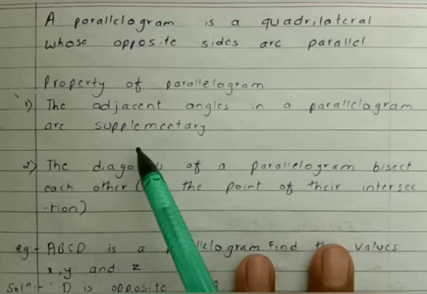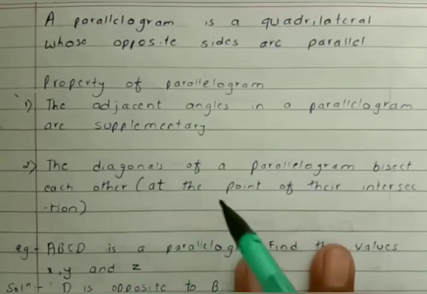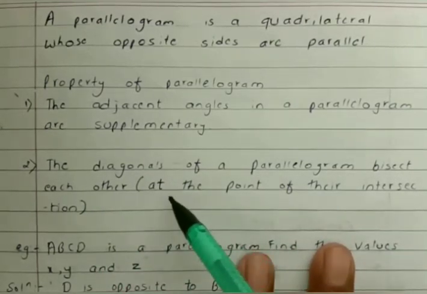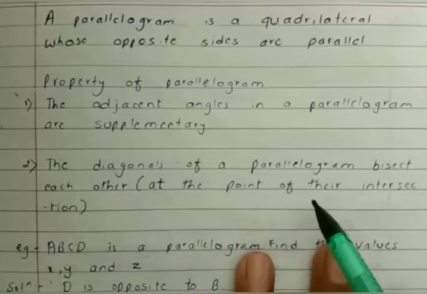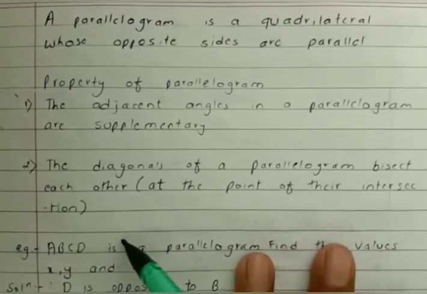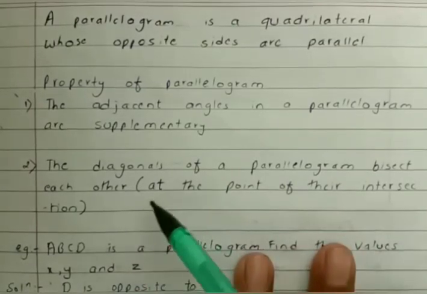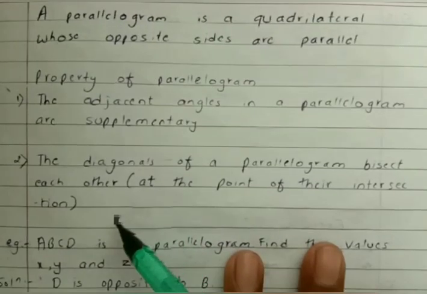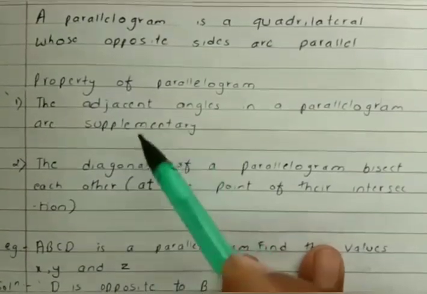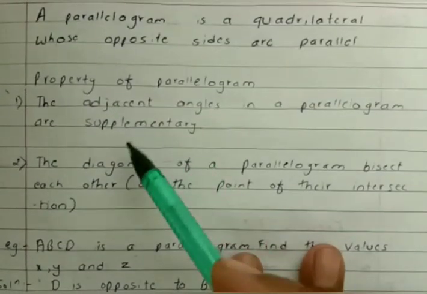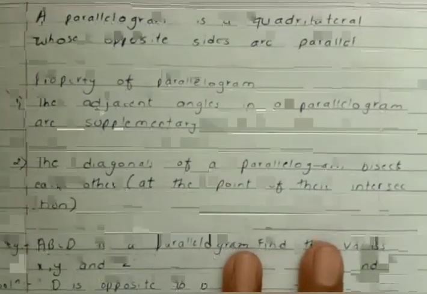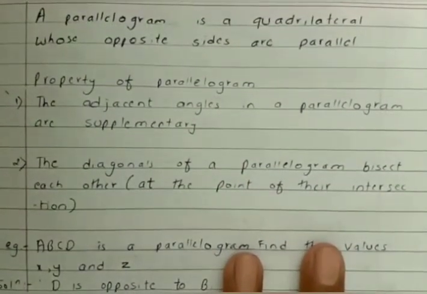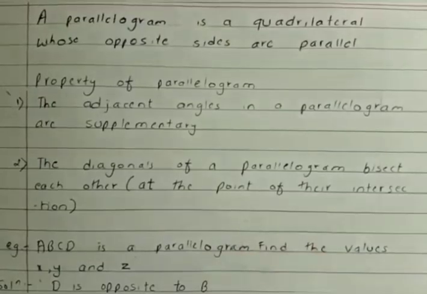The diagonals bisect each other, which means when they intersect, at the point of their intersection they divide each other. If we add both of them, the answer will be 180 degrees. Understood?